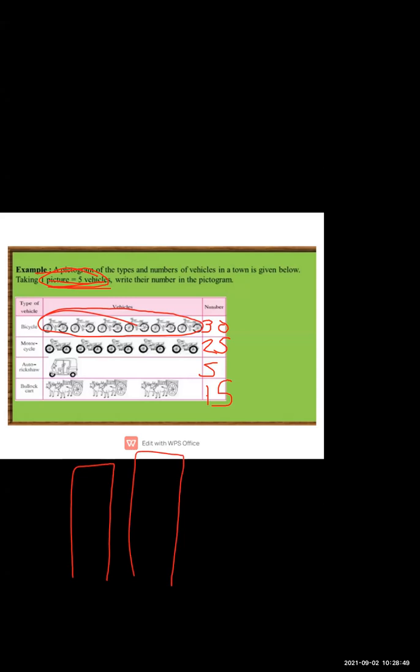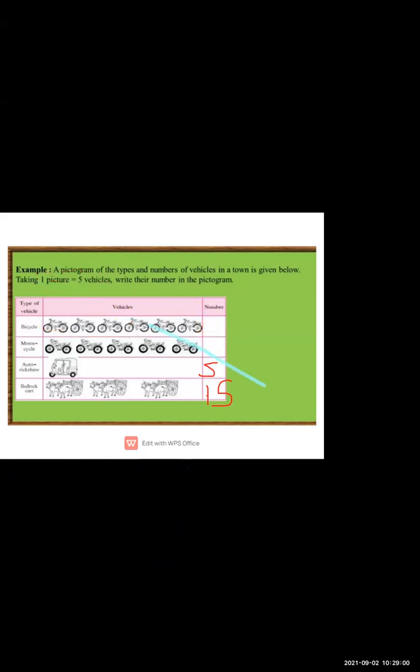There are a total of 30 bicycles, so on 30 we will make a line. Why? Because it is difficult for us to draw pictures of each and everything, such as here we have drawn the pictures of vehicles. It is very difficult to draw pictures of vehicles and other things also. So they have converted the pictogram into a bar graph.